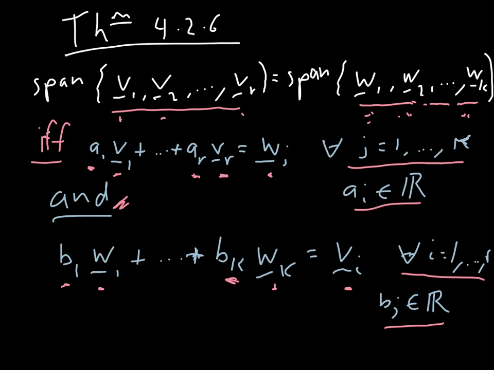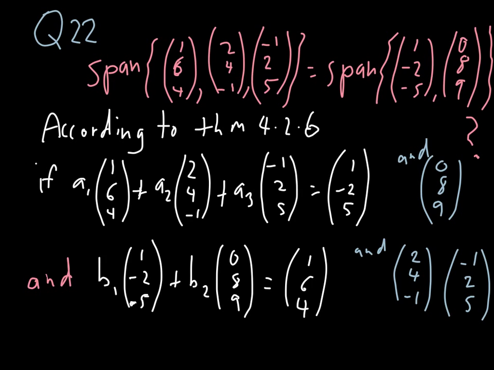All right, next slide. So question 22 says, is the span of the vectors (1, 6, 4), (2, 4, 1), and (negative 1, negative 1, 2, 5), is the span of those vectors equal to the span of these two vectors?